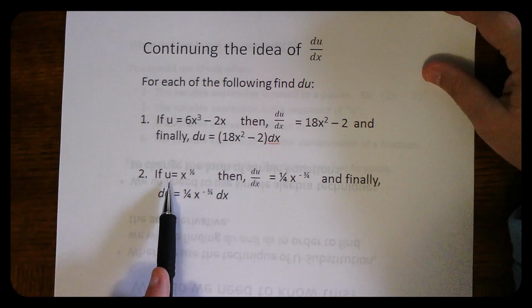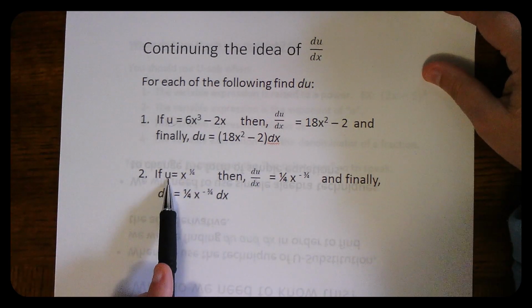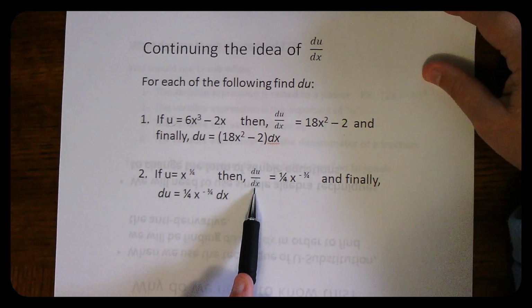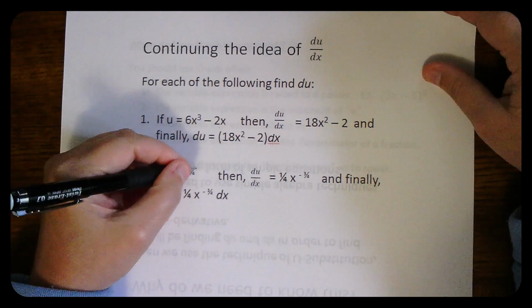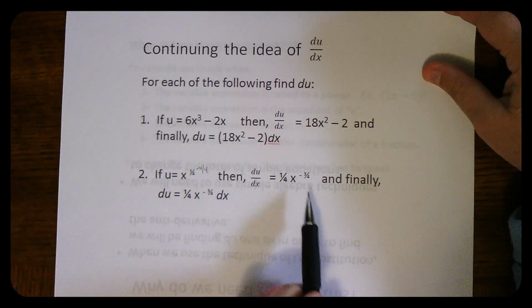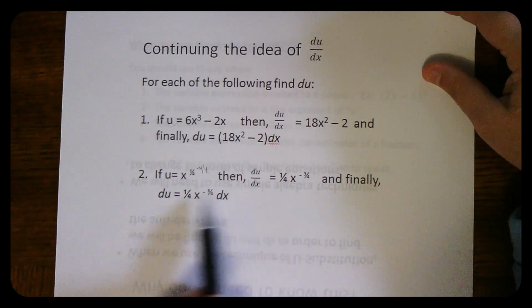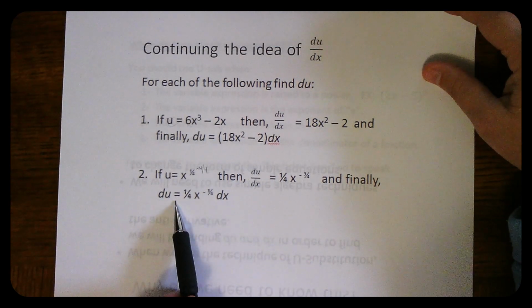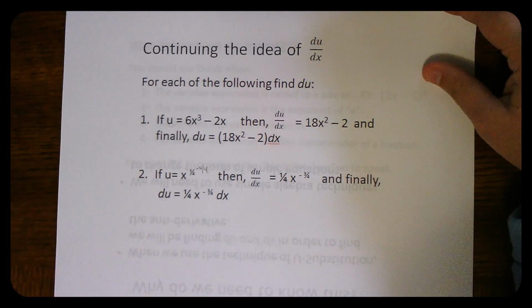And again, if you have u equals x to the 1/4, then the derivative of u with respect to x is 1/4 x to the negative 3/4, since 1/4 minus 4/4 gives you negative 3/4. Then if you multiply both sides by dx, you get du equals 1/4 x to the negative 3/4 dx.